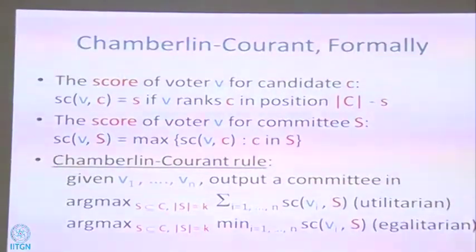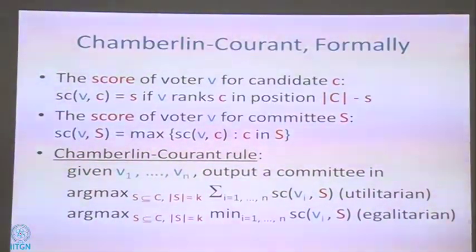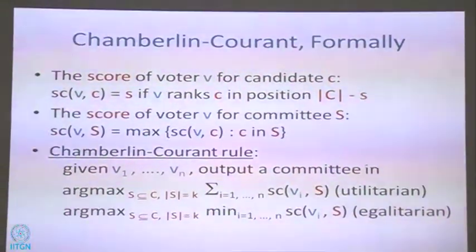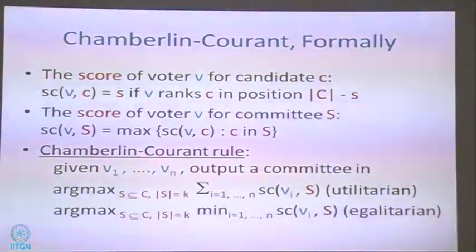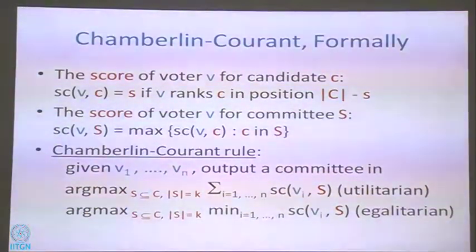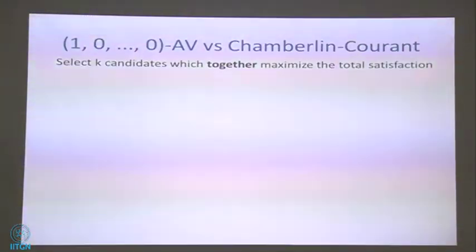If you approve not just one candidate but many, it becomes a standard maximum cover problem. With Borda scores, it's also NP-hard. It's slightly more difficult to show, and I'm not going to show you the hardness proof, but it can be proven to be NP-hard, which is not entirely surprising.